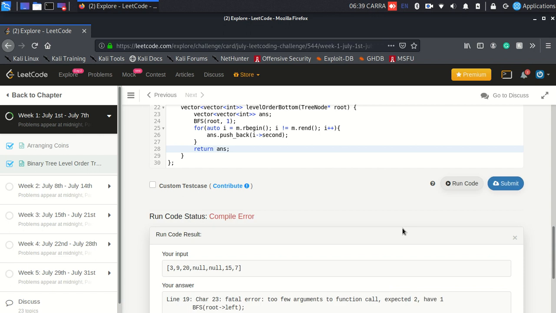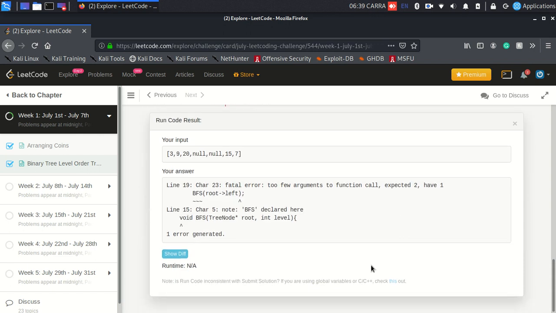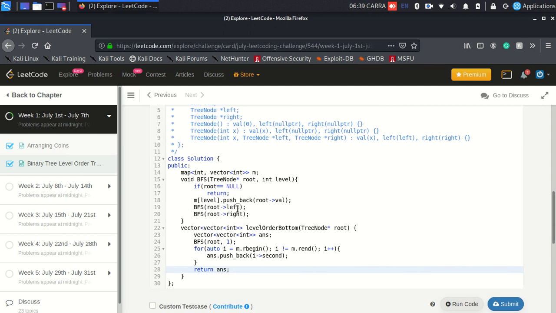Let's see. So there's a compile error. What is the compile error? Because the BFS, okay, yeah, so I have to also give the level, the next level that I'm going to evaluate. If I'm going from a node to the left node, I need to increase my level once, because every time we go to one of the children of a particular parent, the level increases.